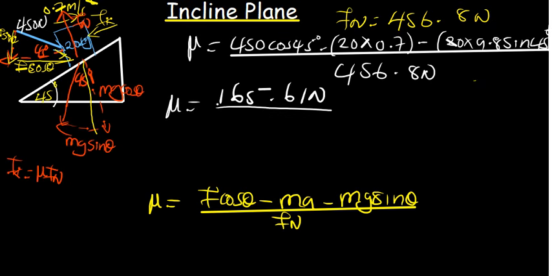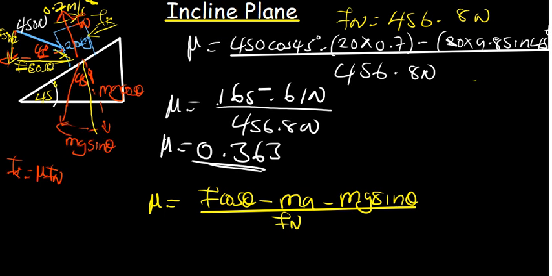Everything divided by 456.8 newtons. Therefore, our mu value is this answer divided by 456.8, and we are getting 0.363. So this is the coefficient of kinetic friction. If you want, you can present your answer as mu k is equal to 0.365, meaning this is the answer.